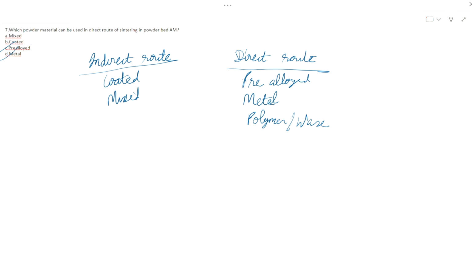Now, in the direct route, sometimes no sintering necks are formed because of limited liquid formation. When the sintering necks are formed, there is sufficient liquid formation. Sometimes when these necks are formed, there may also be a balling effect.